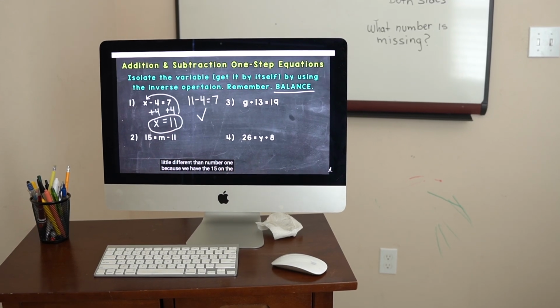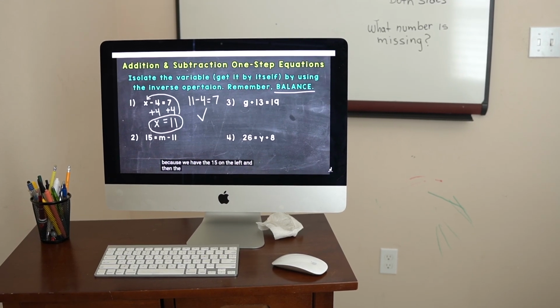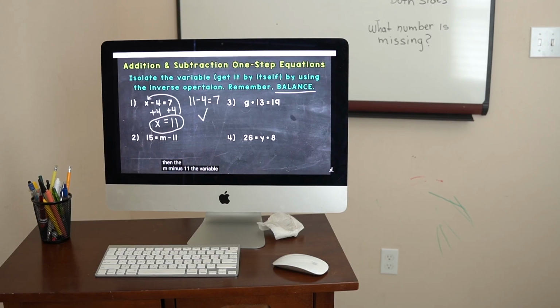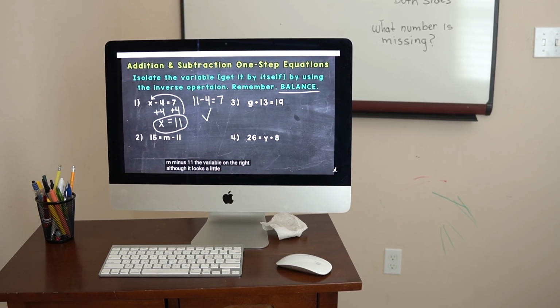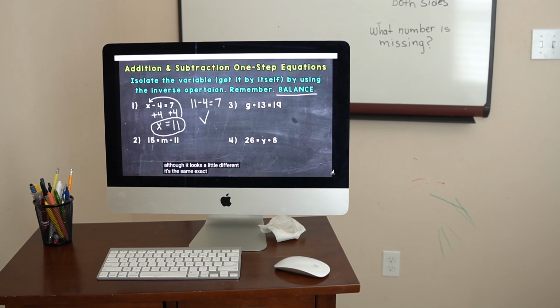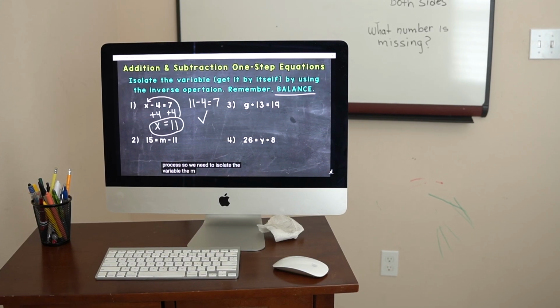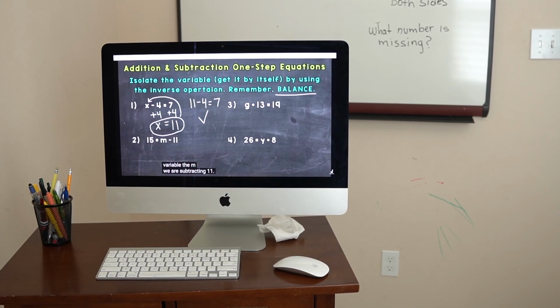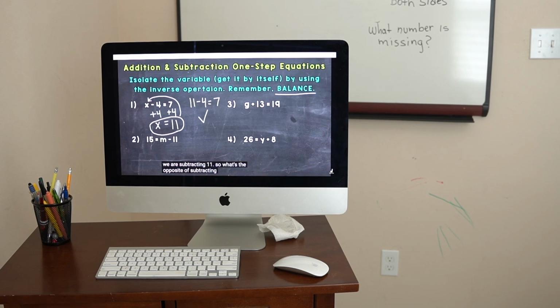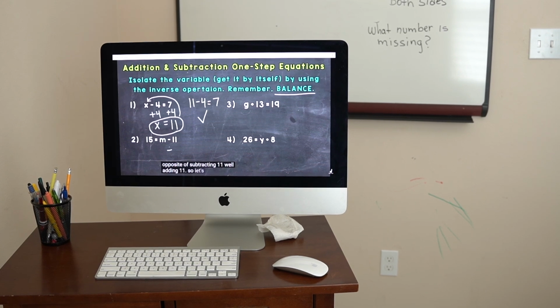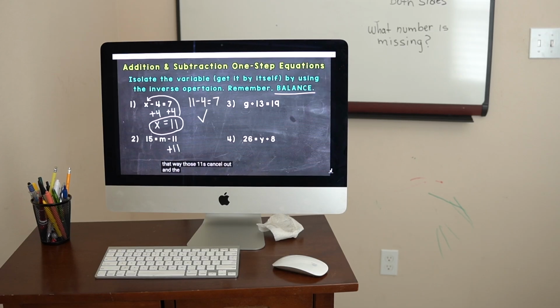Now number 2, we have an equation there that looks a little different than number 1 because we have the 15 on the left and then the m minus 11, the variable, on the right. Although it looks a little different, it's the same exact process. So we need to isolate the variable, the m. We are subtracting 11. So what's the opposite of subtracting 11? Well, adding 11. So let's add 11 to that side. That way those 11's cancel out and the m is left by itself.